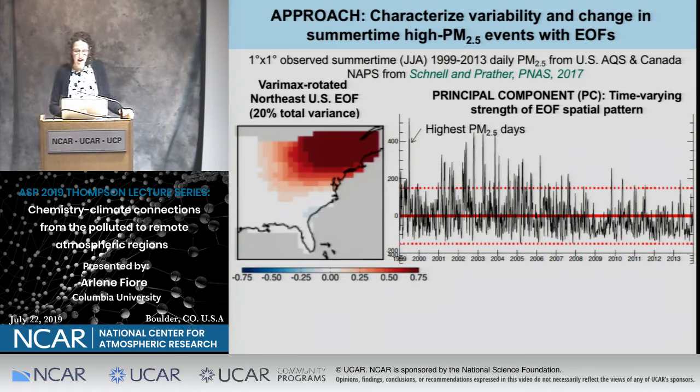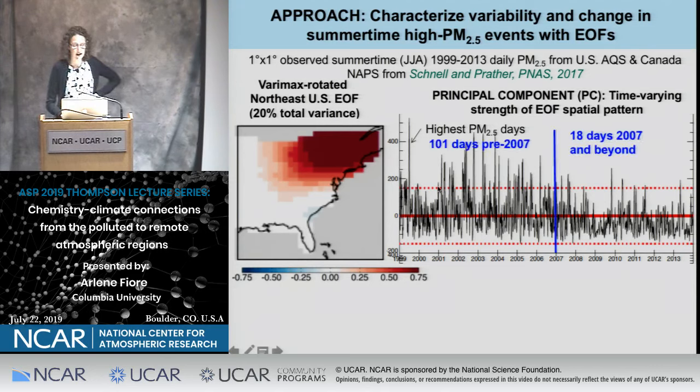We've oriented the principal component such that high time series values correspond to high PM 2.5 levels. So we arbitrarily draw a line here and count up the number of times that these values go above this line.